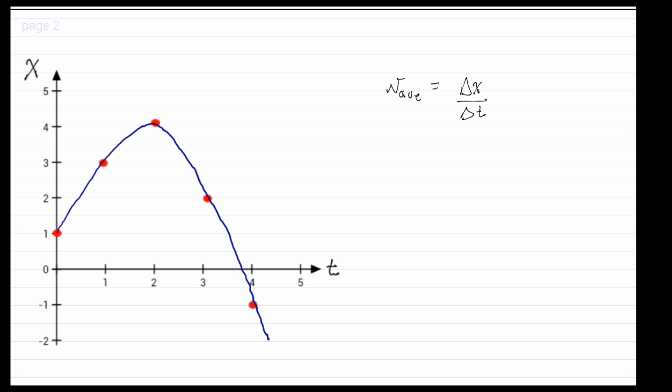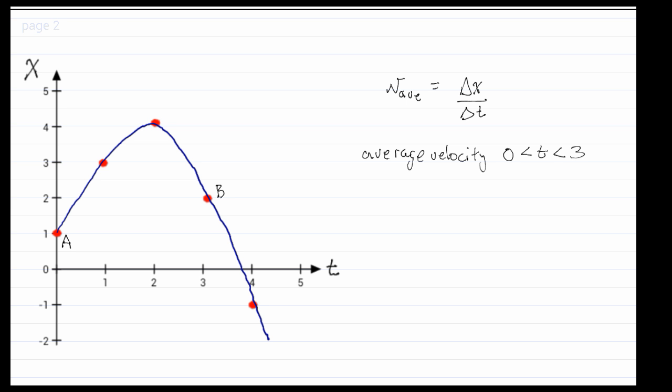Let's label this point over here A. So at t equals 0, that's point A, and at t equals 3 we'll label that B. So let's find the average velocity over the interval from 0 to 3.